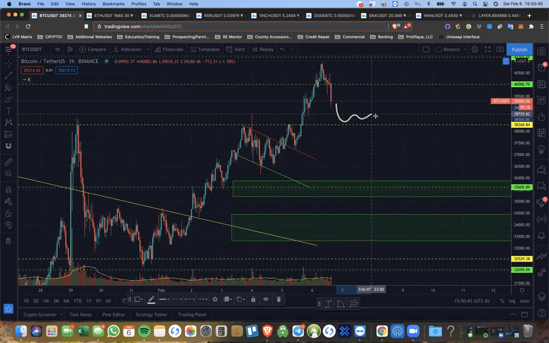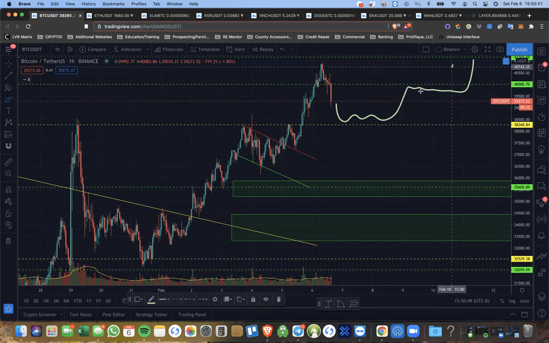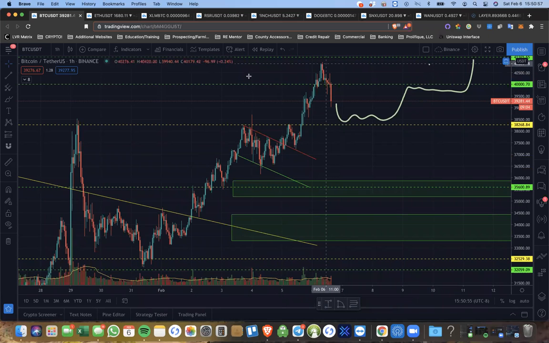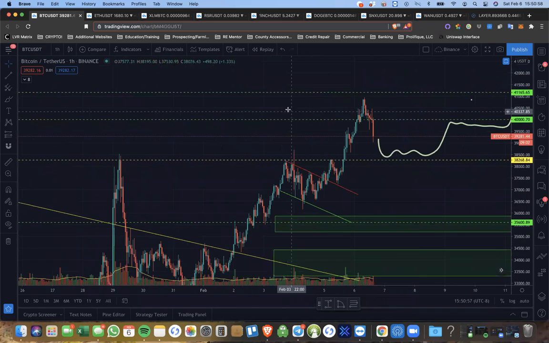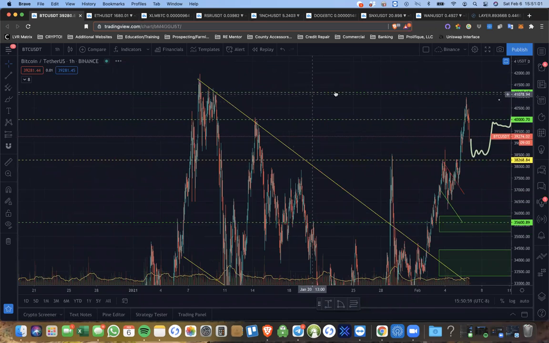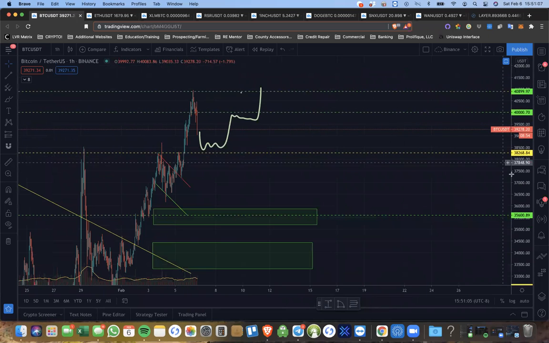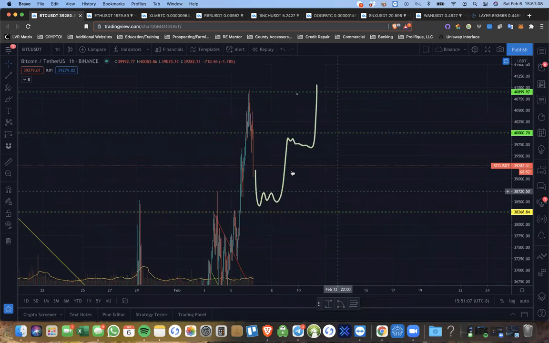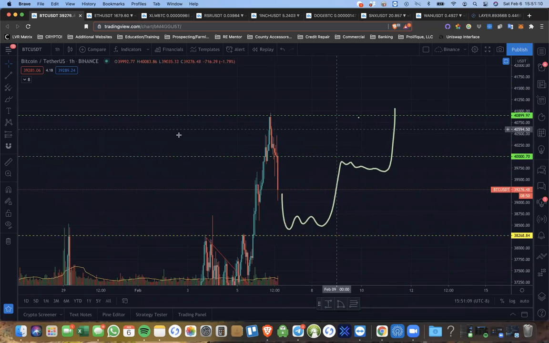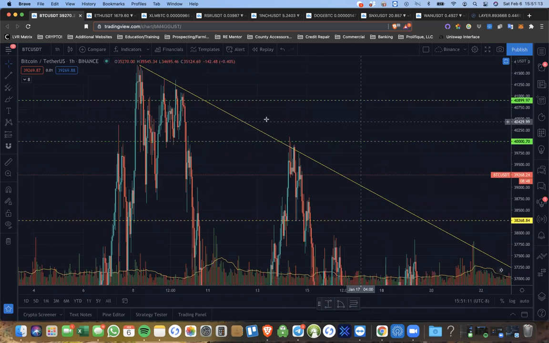Bounce up, bounce up, bounce up. Come here, bounce, bounce, bounce, right? Come back up. Going to retest this. And look what happened right here, guys. It didn't hit it perfectly. So let's see if that, there you go.